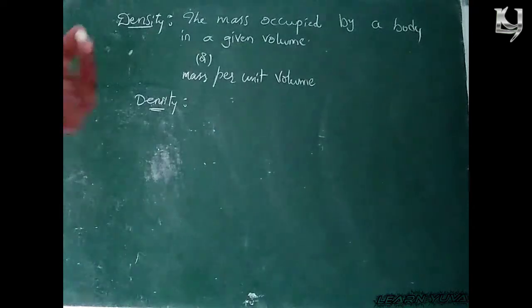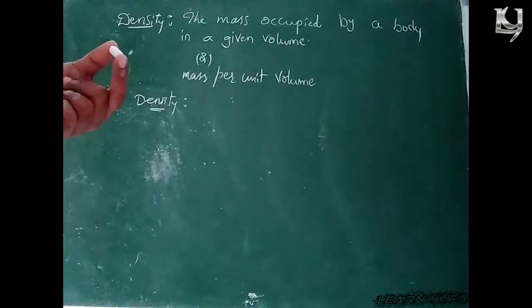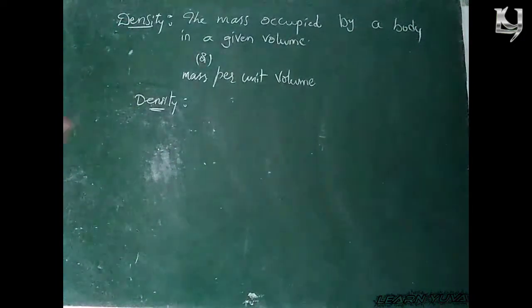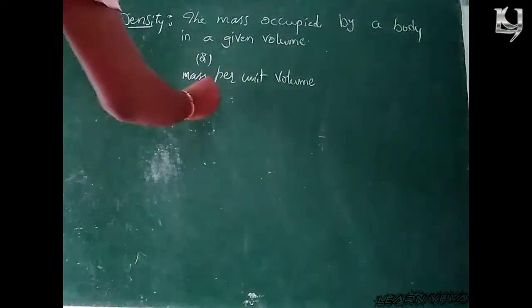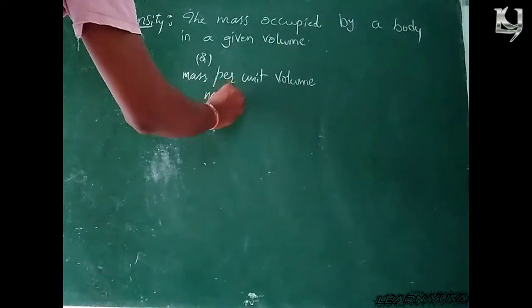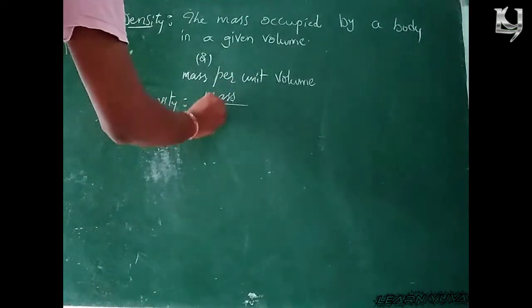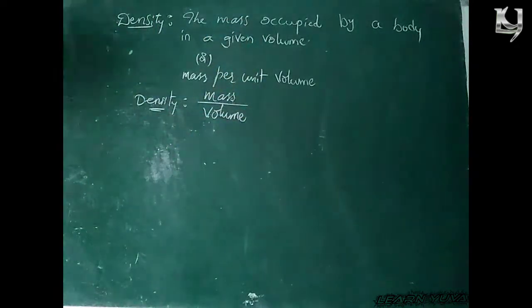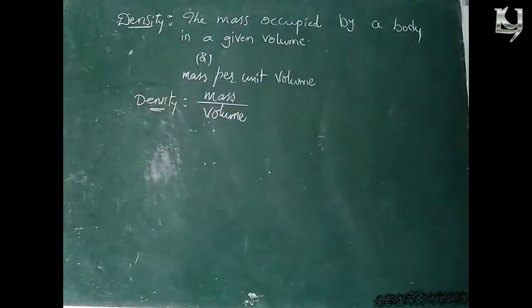Mass is nothing but the amount of particles present in a body. So density is nothing but the mass of a body occupied in a given volume. So density is equal to mass by volume.